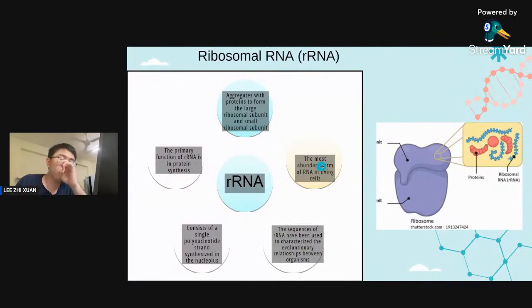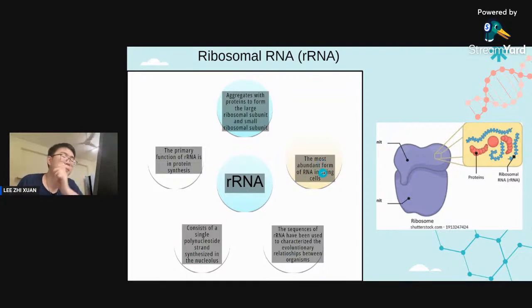So it is the most abundant form of RNA in the living cell because all cells, either eukaryote or prokaryote, contain ribosome. Even some certain viruses also contain ribosome structure.